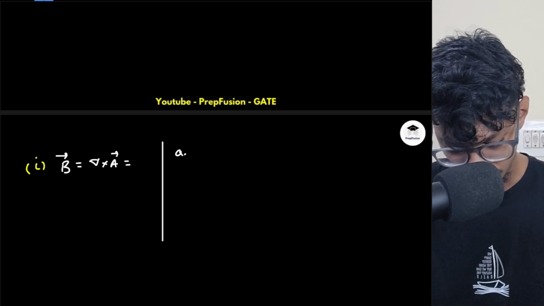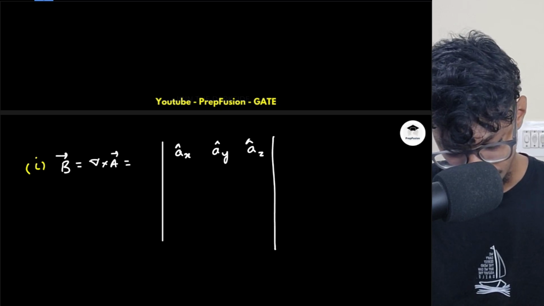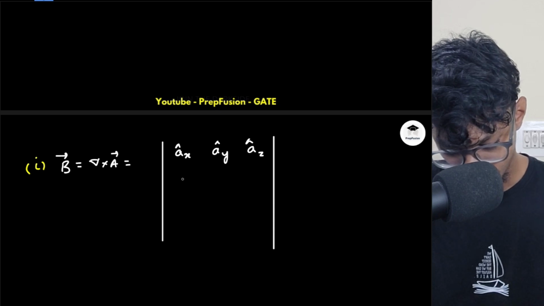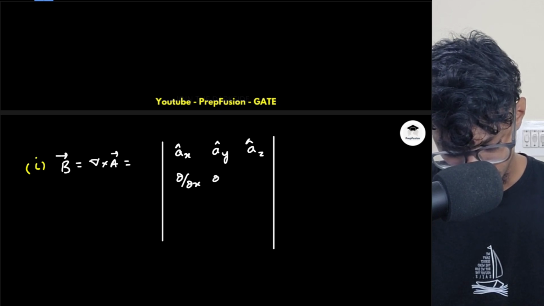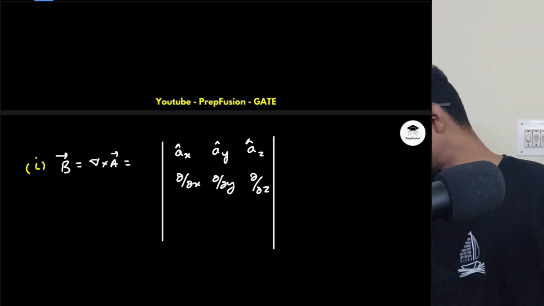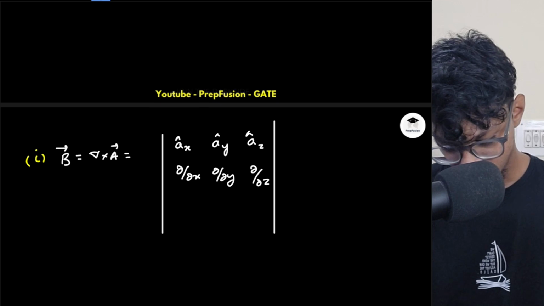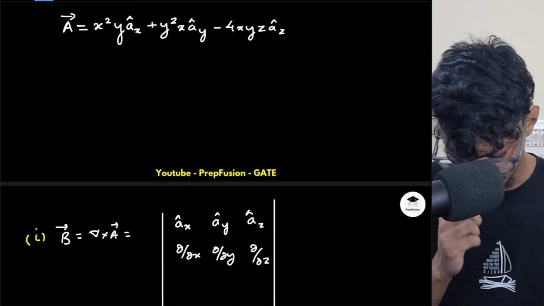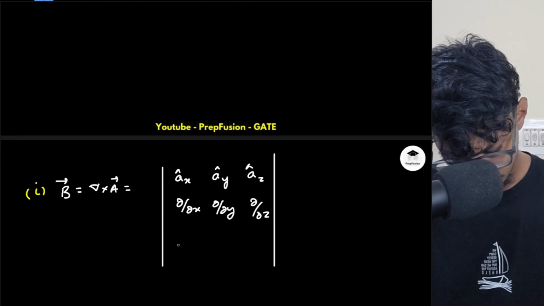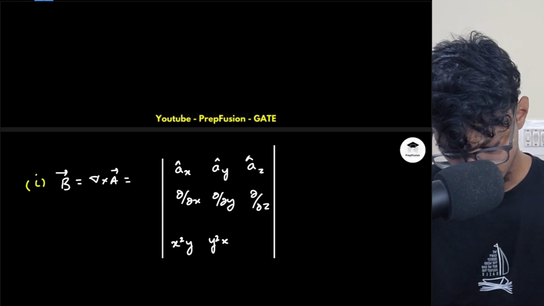So it will be AX, AY, AZ over del X, del Y, del Z, with components X square Y, Y square X, and minus 4XYZ.